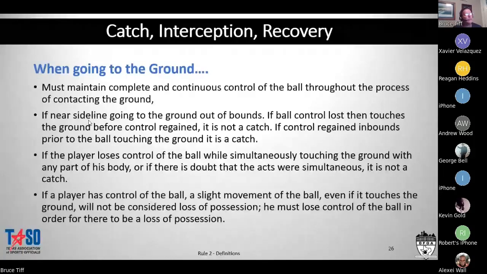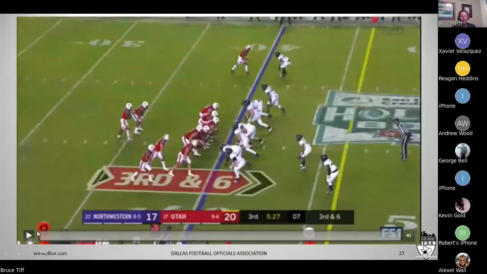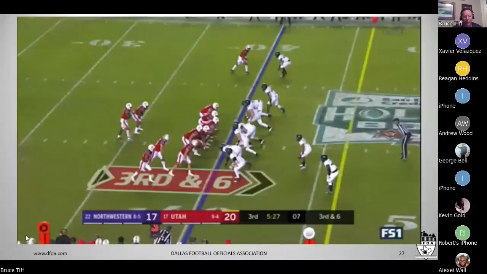And I think I've got some video examples. I hope they work out okay. Let me see how I can start it here. I think this first play is going to be an example of whether the catch got completed or not before the ball came out. Let me hit the play button here.